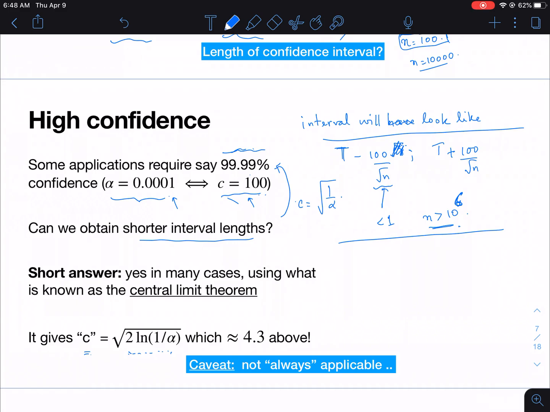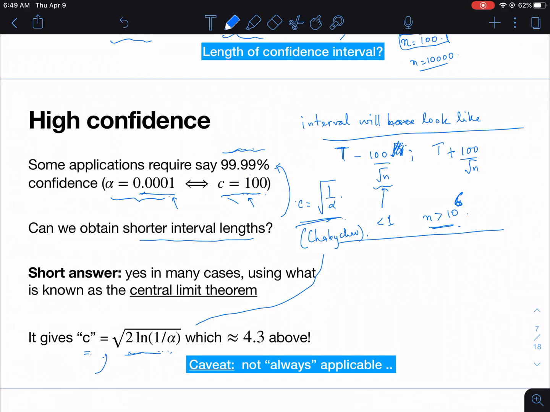So instead of using C equals root of 1 by alpha, which was obtained by Chebyshev, if I use the central limit theorem, you end up with root of 2 log 1 by alpha, and this can be significantly better than root of 1 by alpha when alpha is very small. If I plug in alpha being 0.001, here I was getting C equals 100.